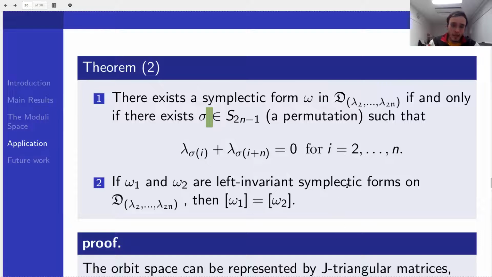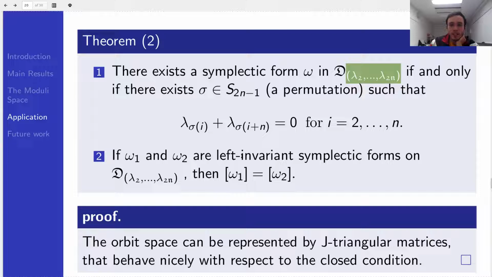And even more, if we have two left invariant forms, they are in the same orbit. That means they are the same up to symplectomorphism and scale. So if this condition is met in the parameters that define this almost abelian Lie algebra, then the form is actually unique.